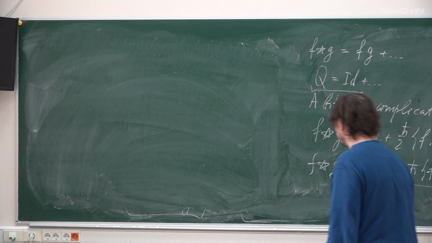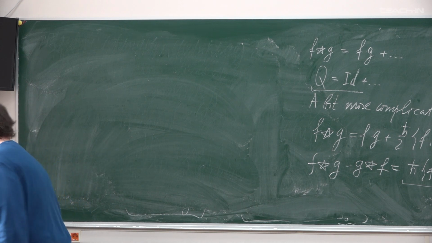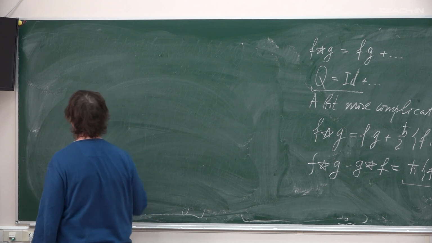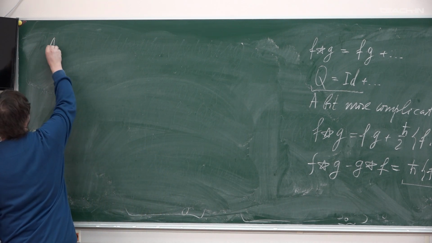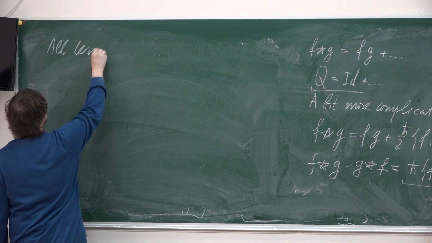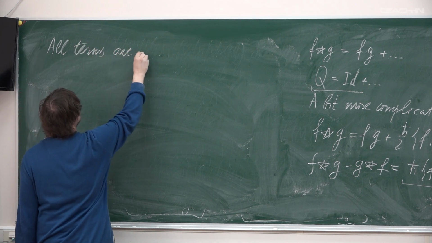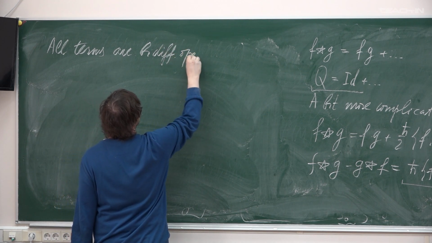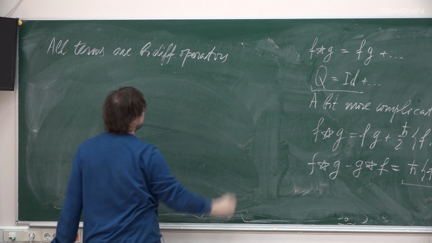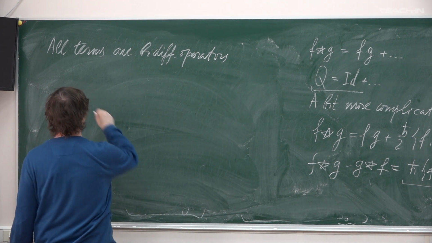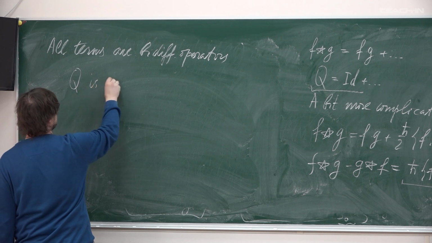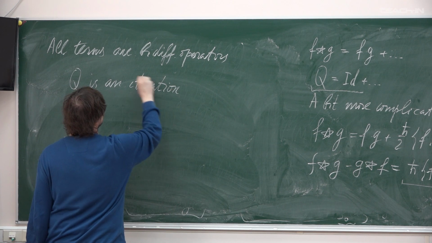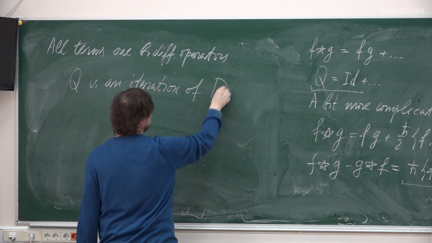The fact that all the terms that appear there come from certain bidifferential operators also follows from the fact that Q is an iteration of D, in fact.